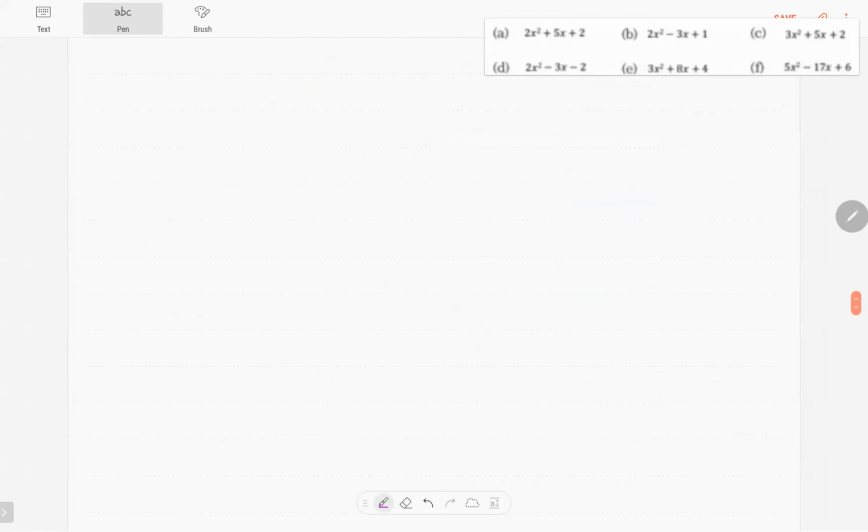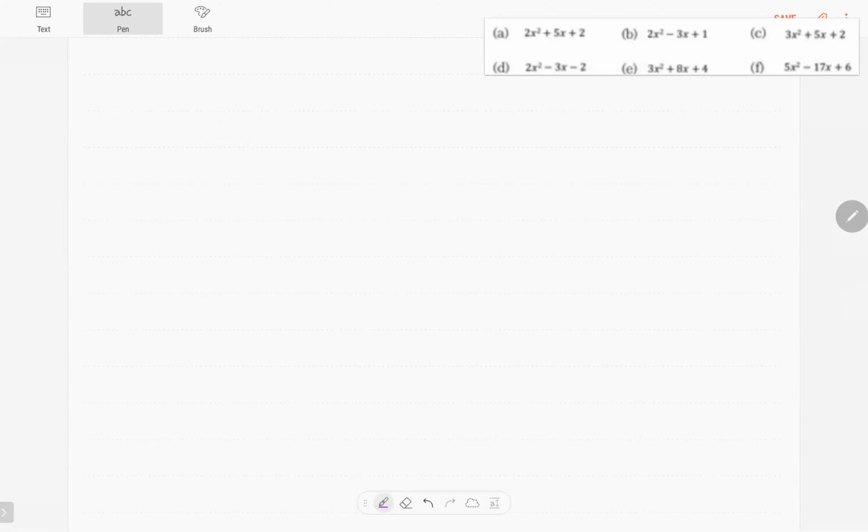Let's do A right here, the first one. A is 2x squared plus 5x plus 2. Again, this one is pretty straightforward, very straightforward and easy. We don't want to do the ones that are too straightforward.